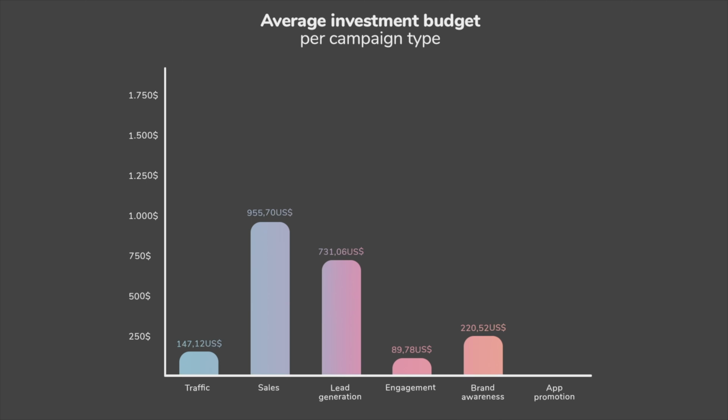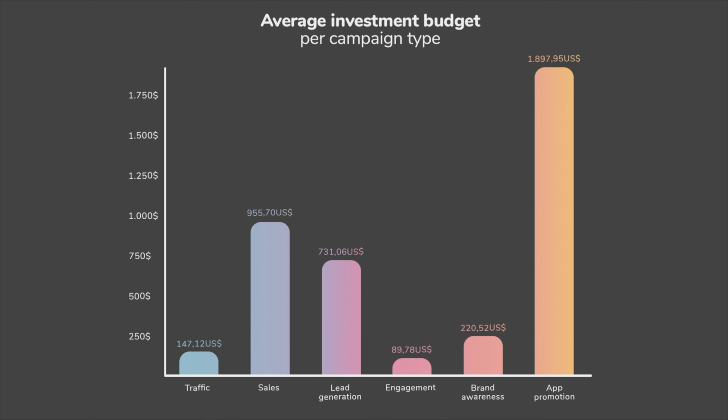So, how much do brands invest in ads then? If we compare the number of campaigns and the cost dedicated to each objective, we can see how much budget is invested on average in each type of campaign. An average of $89 is invested into engagement campaigns, which is sitting at the lowest of all of them. Traffic campaigns have an average investment of $147, and brand awareness with $220 per campaign. Leads campaign investments jump up significantly at an average of $731.